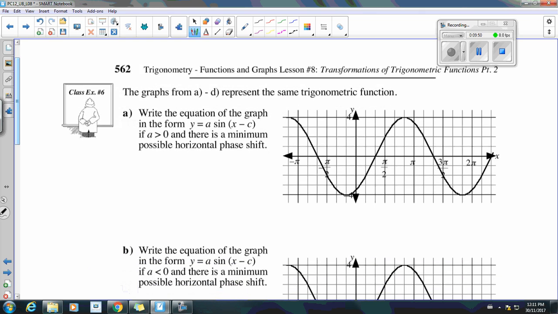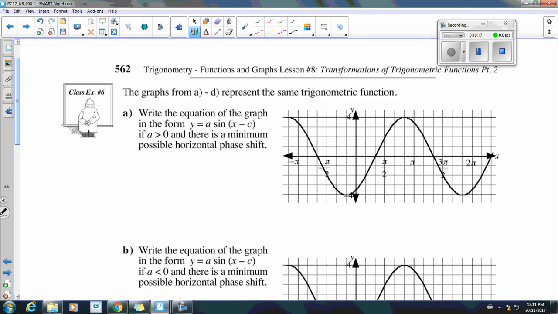Next, the graphs from A to D represent the same trigonometric function. Write the equation of the graph in the form y equals a sine of x minus c, where a is greater than 0 and there is a minimum possible horizontal phase shift. You'll notice with these graphs, they can all be sine graphs, they can all be cosine graphs, they can all be reflections, they can all be phase shifts because these graphs repeat over and over again.